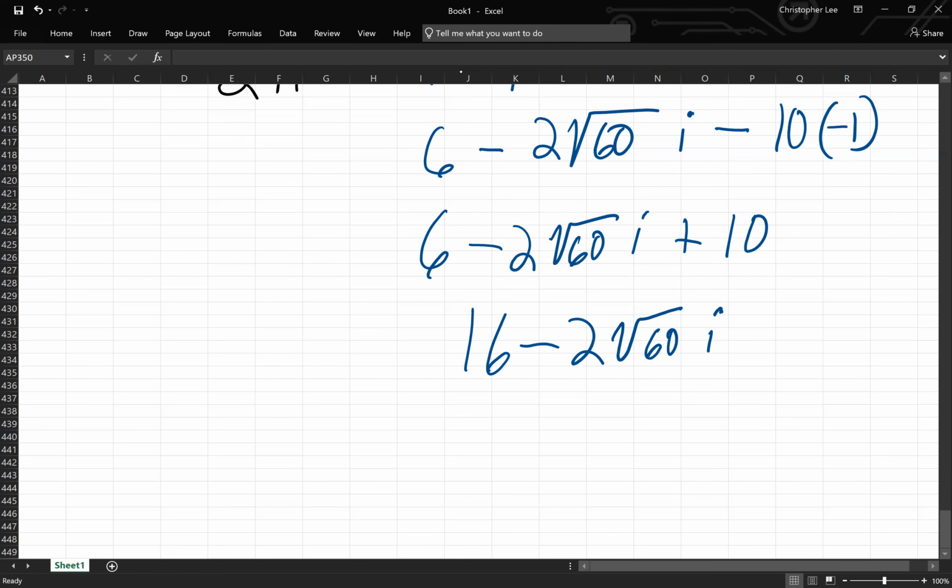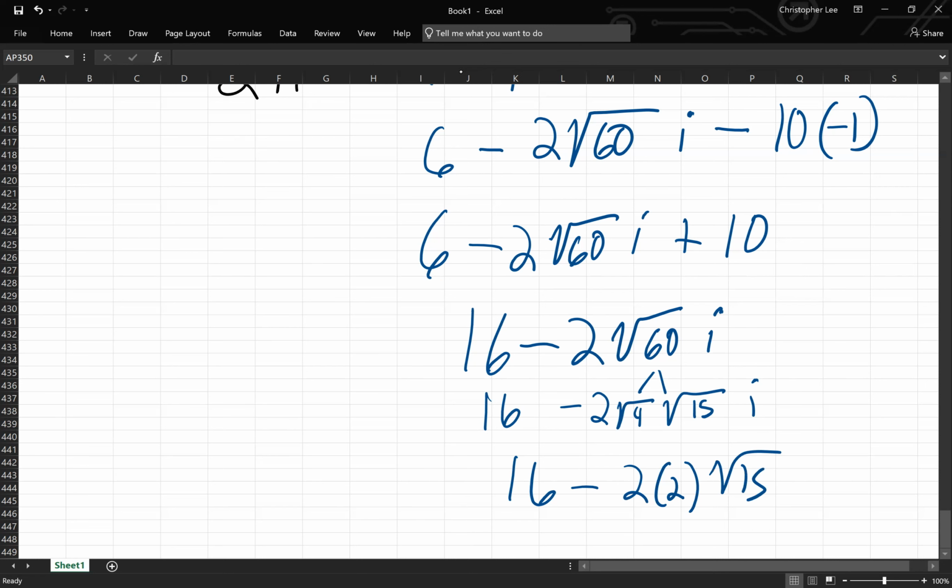It can, 4 square root 15, right? So I could break this down into square root 4 times square root 15. So 16 minus 2 times 2 square root 15, and then i.